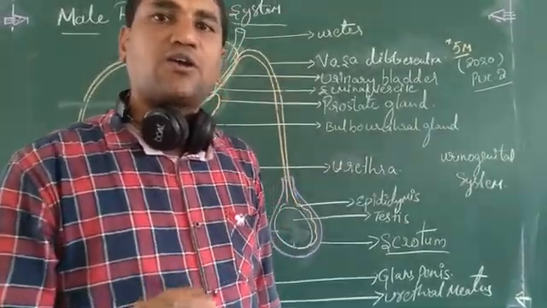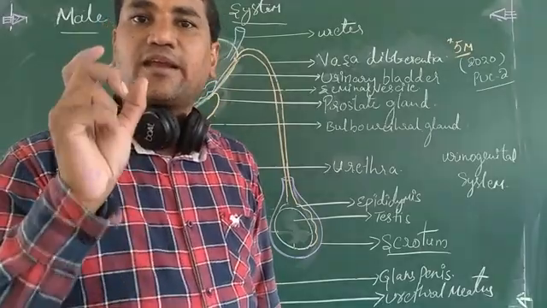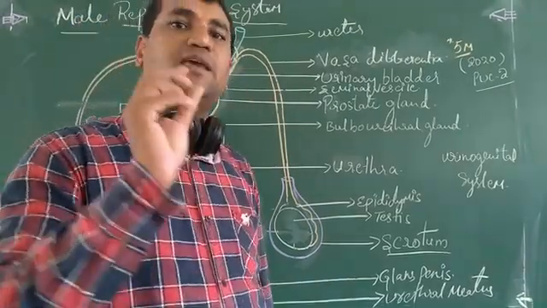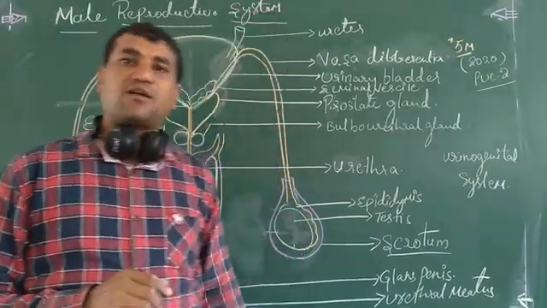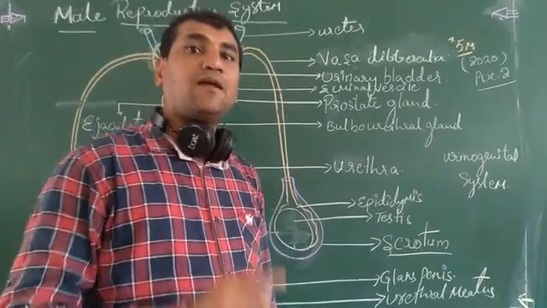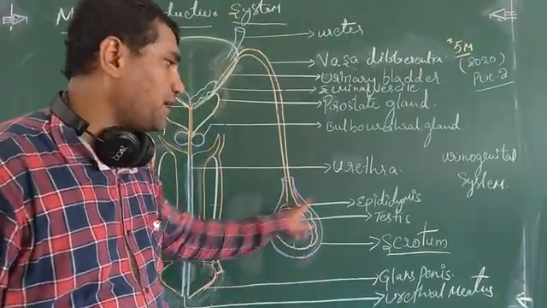These testicular locules are connected to the rete testis. This rete testis will run as another fibrous network called vasa efferentia, and this vasa efferentia will be connected to the epididymis.